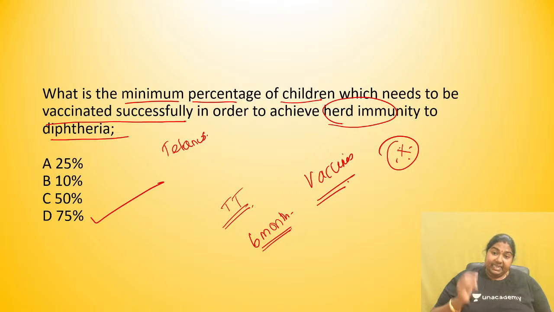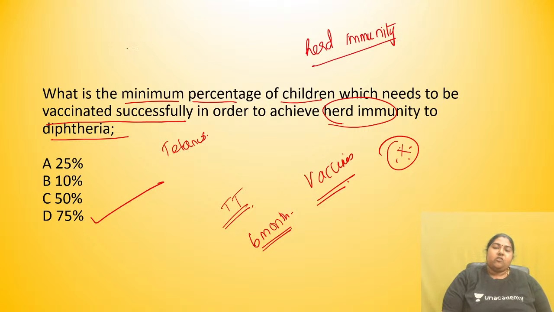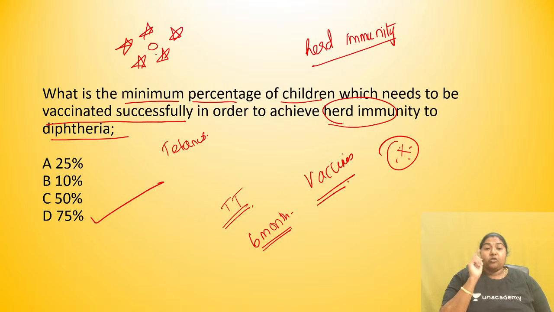In general, the concept of herd immunity, I'll tell you the difference between other infections and this one. In herd immunity, for example, if all your neighbors are vaccinated, even if you are not vaccinated, you will not get the infection. So this is the concept of herd immunity.